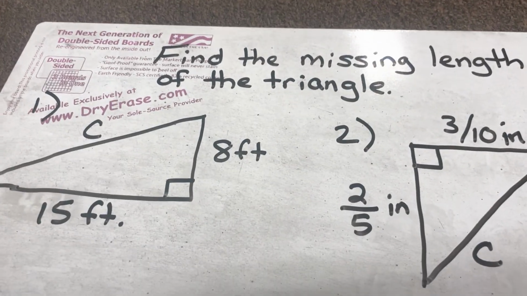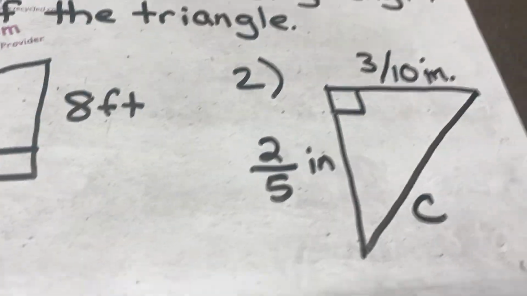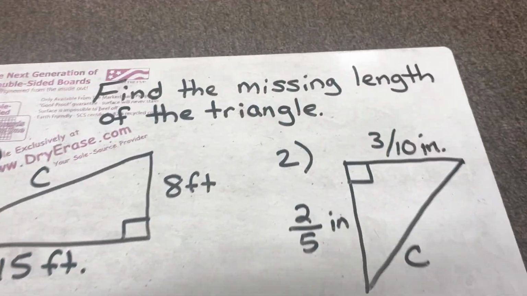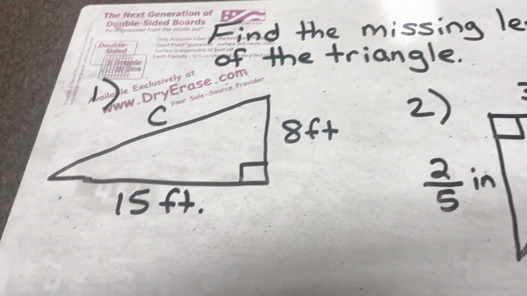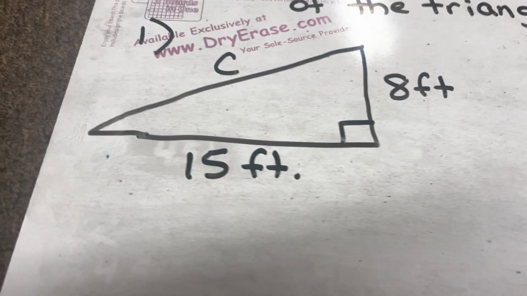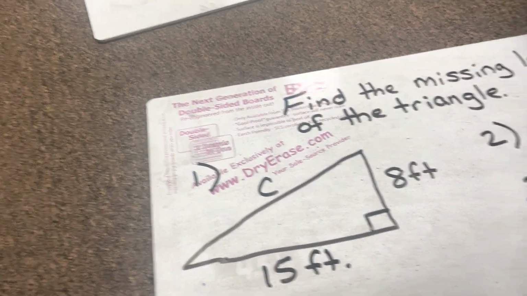Find the missing length of the triangle. We're going to be using this formula, A squared plus B squared equals C squared, to help us figure out what these different lengths are. Now let me grab my calculator that I almost forgot to grab.